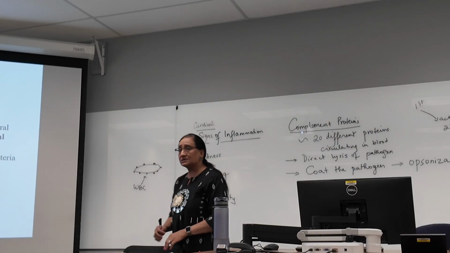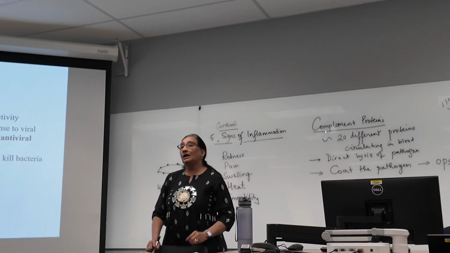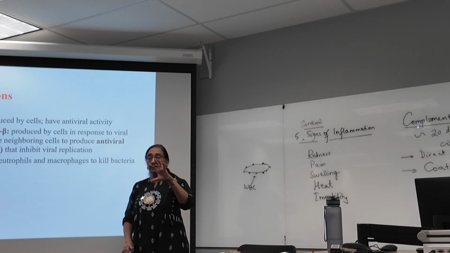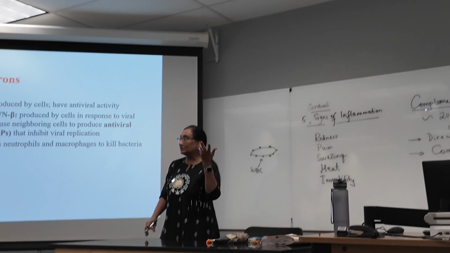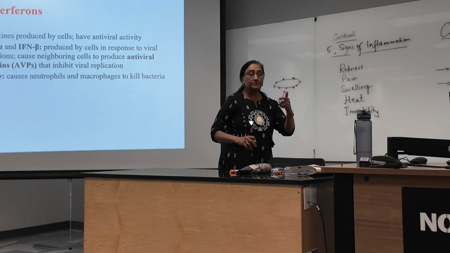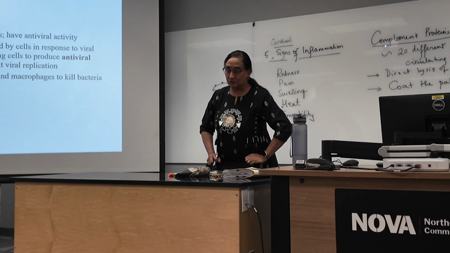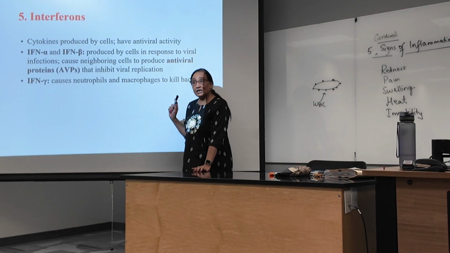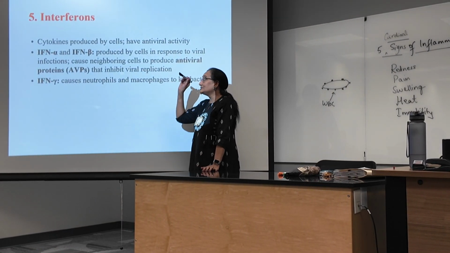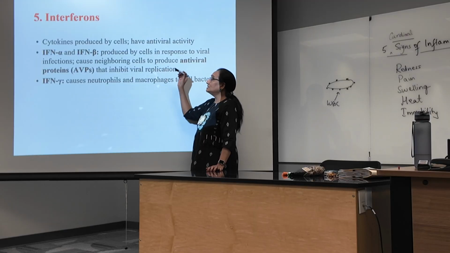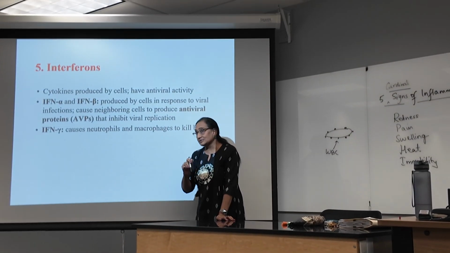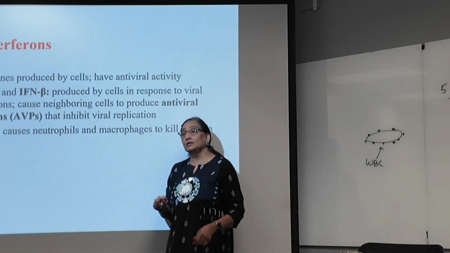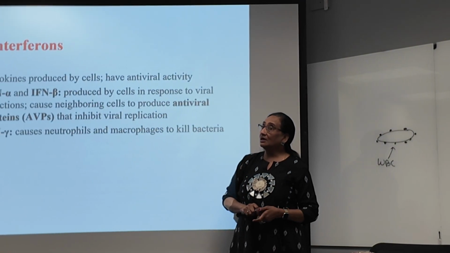And then the last bit: every cell has the ability to produce certain chemicals that are germicidal. That means they can get rid of pathogens. But they are not produced in large amounts. Once a virus enters a cell, each cell has the capability of making a chemical called interferon.